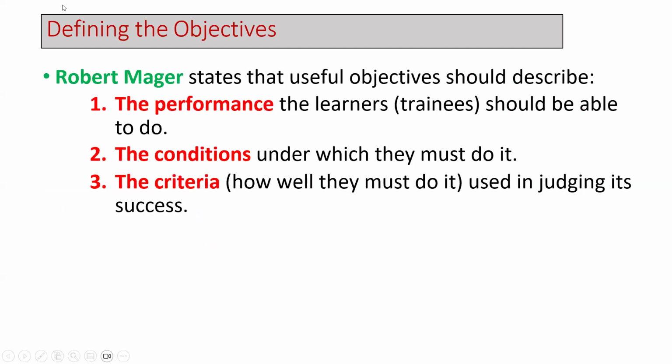Robert Mager states that useful objectives should describe these three areas. What are they? Performance, conditions, and criteria. Right? So these three areas need to be reflected in an HRD objective. The performance is the demonstration or the outcome. For example, the number of units produced in a given time period is the performance, right?